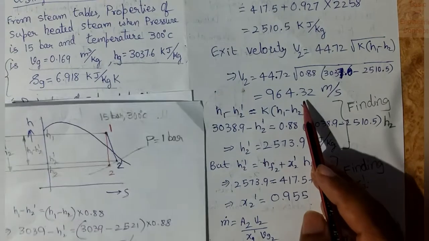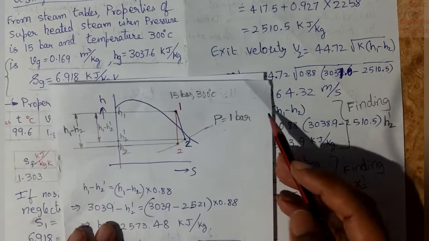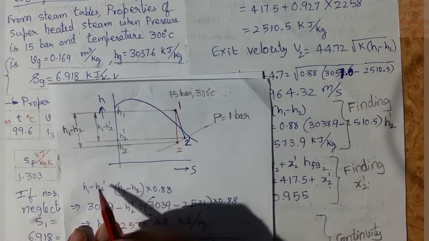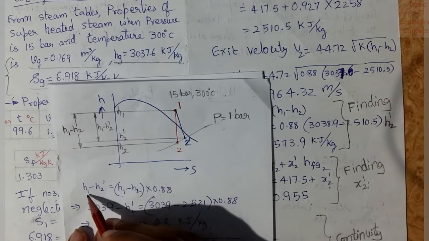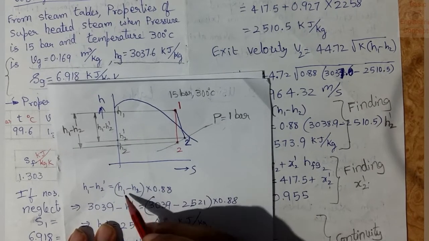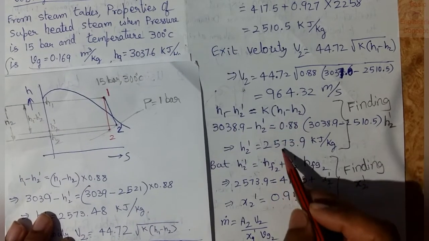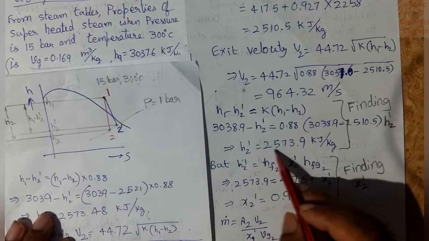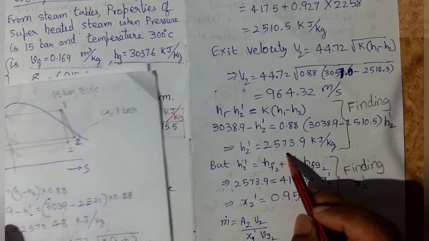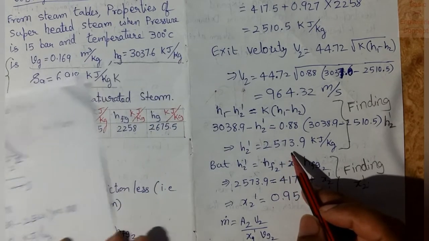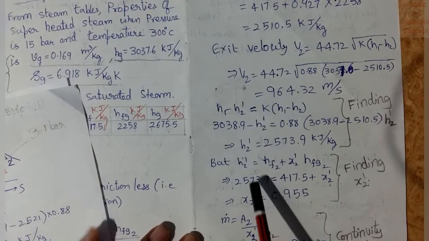After that you have to find H2 dash. Again, how do we find H2 dash? Same expression: H1 minus H2 dash is equal to H1 minus H2 into k. Substituting these values, you get H2 dash as this. This is the value of H2 dash, from the steam tables method.